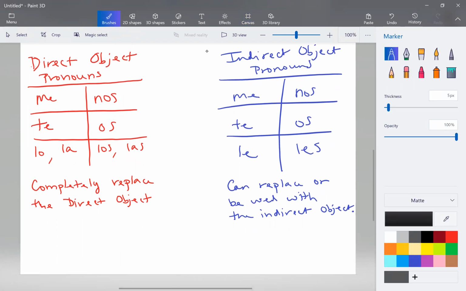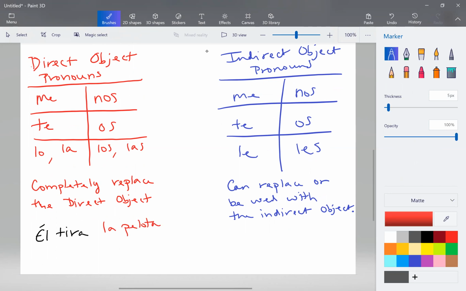So let's look at that in context. We would say, he throws the ball. Él tira la pelota.